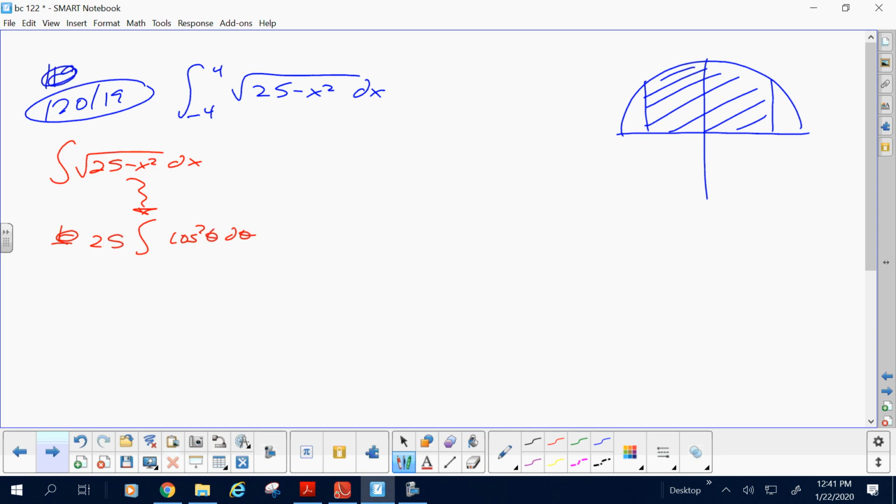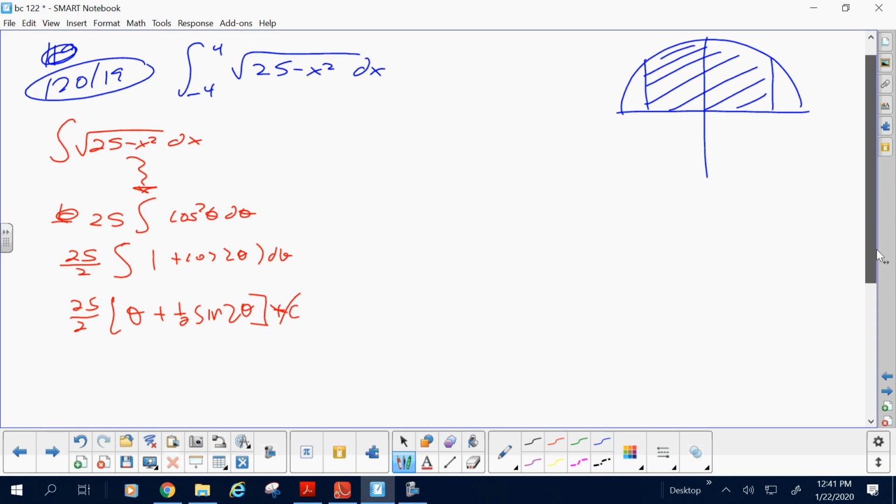You do? Okay. And so I assume you integrated, I'm going to pull out the half, 1 plus cosine of 2 theta. So you got something like 25 halves of theta plus 1/2 sine of 2 theta. Yeah. The plus c is not an issue.